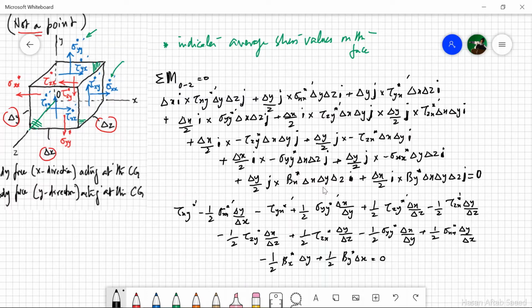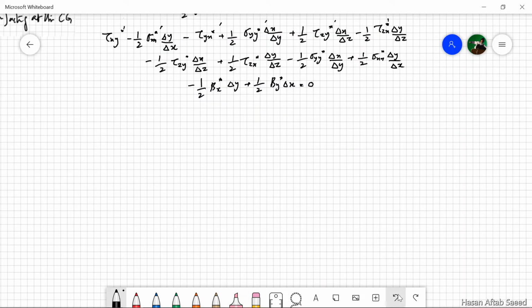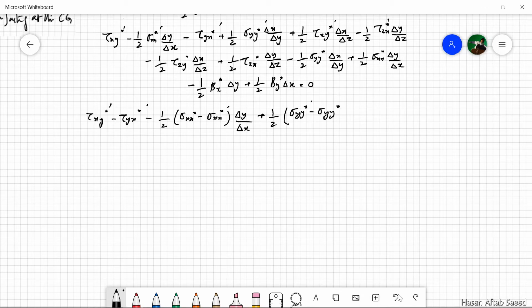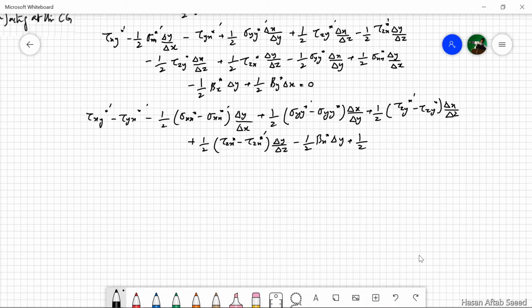Rearranging the terms. Now let delta x, delta y, and delta z approach 0.